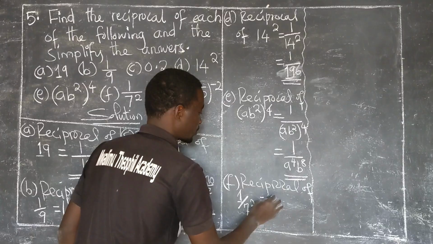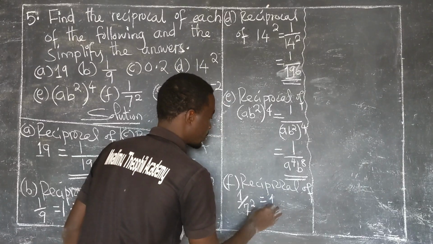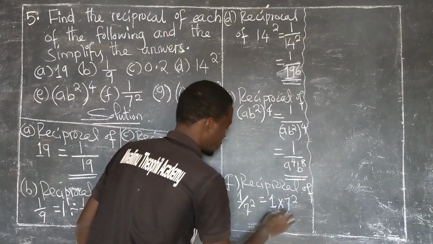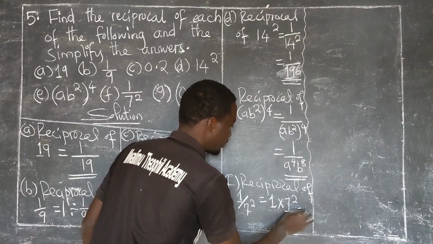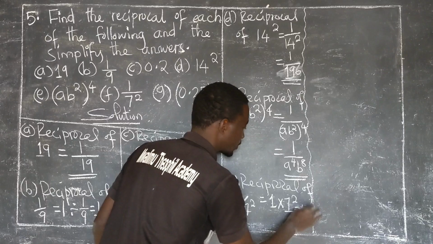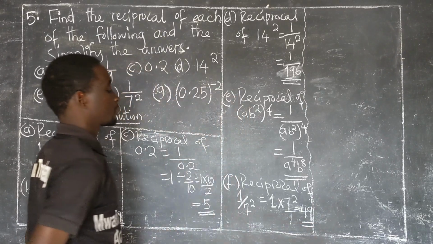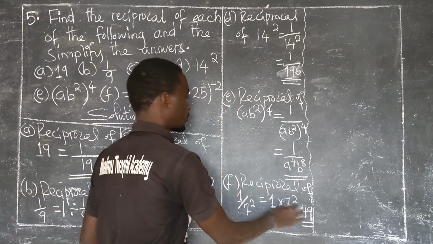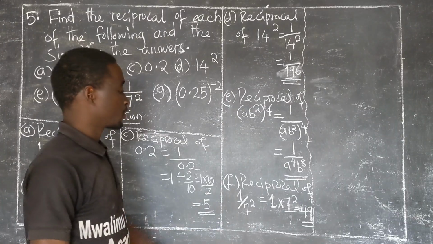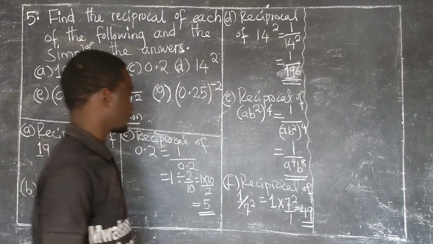It will be equal to 1 times 7 raised to 2 divided by 1. Now 7 squared is equal to 49. So the reciprocal of 1 divided by 7 raised to 2 is equal to 49.